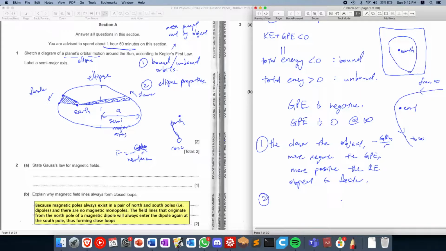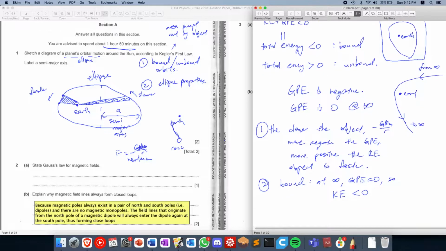Another lesson to take away is: how do you know whether something is bound or unbound? It actually completely makes sense with whether GPE is negative or positive. Because you see, in the bound case, if at infinity GPE is 0, so KE is less than 0.